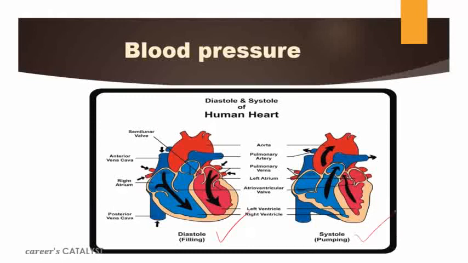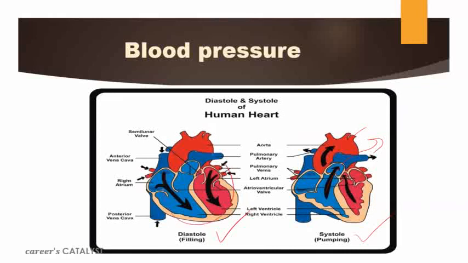In the diastole phase, the blood rushes into the heart, and in the systole phase, the blood is released outside the heart and reaches every cell of our body. In both cases, the blood pressure will vary.